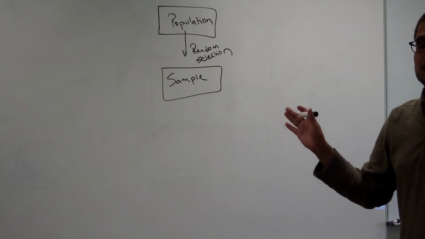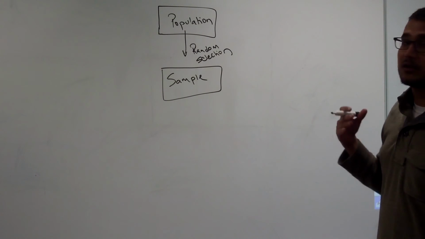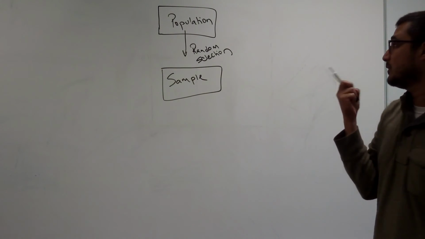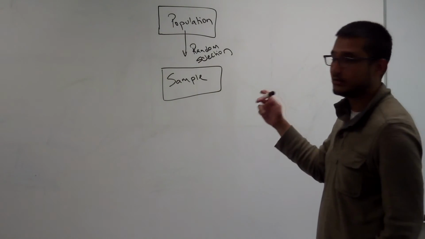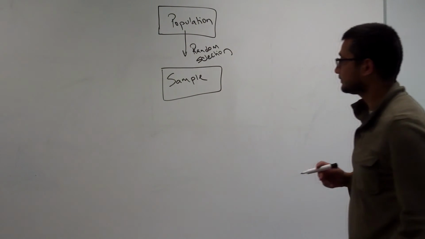So now we are into the statistical approach, right? We want to be able to generalize back to the population, and the reason we do random selection is that whatever result we find based on this sample, we will generalize it back to the population.